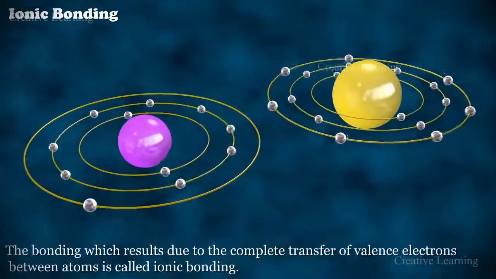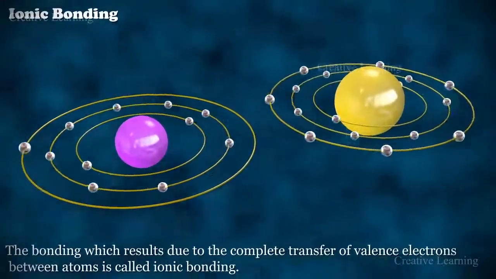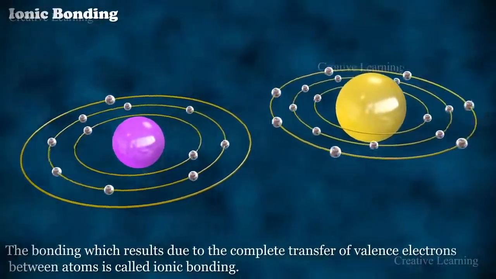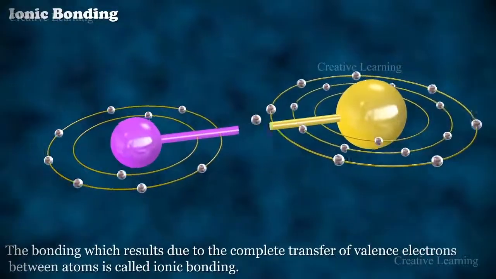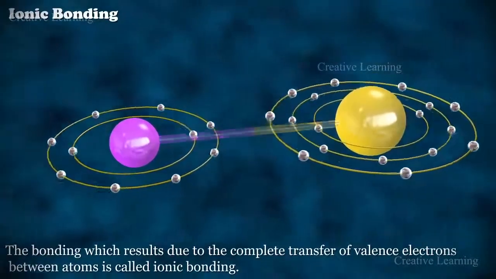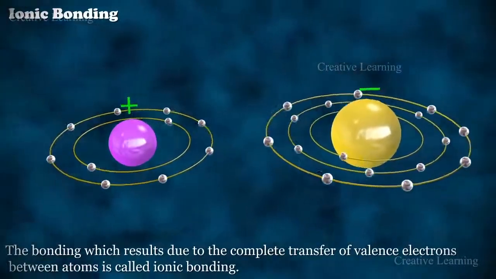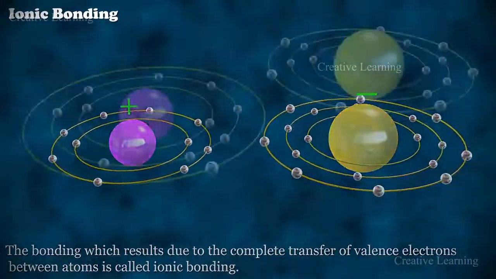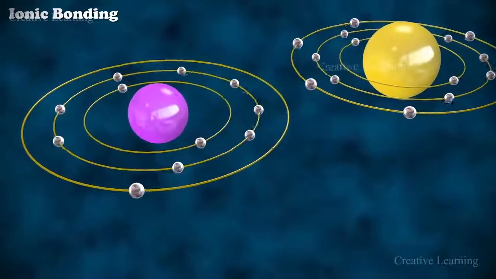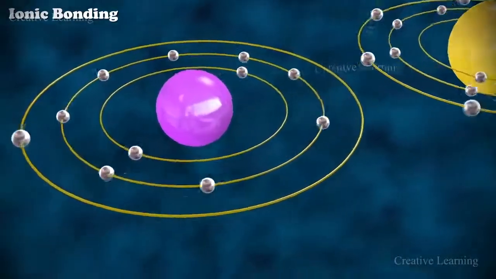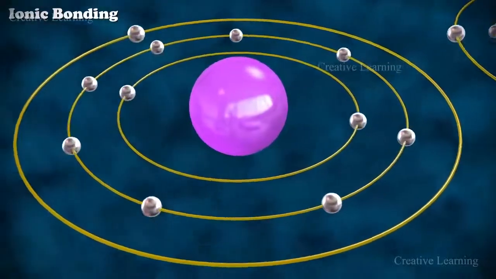The bonding which results due to the complete transfer of valence electrons between atoms is called ionic bonding. It is a type of chemical bond that generates two oppositely charged ions. Ionic bonding is observed because metals have few electrons in their outermost orbital.